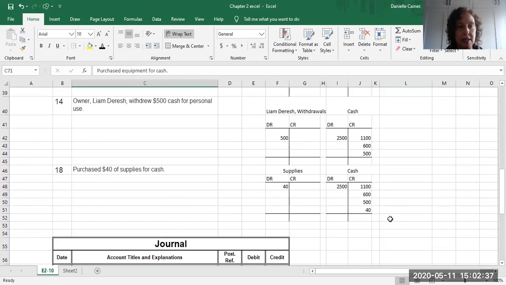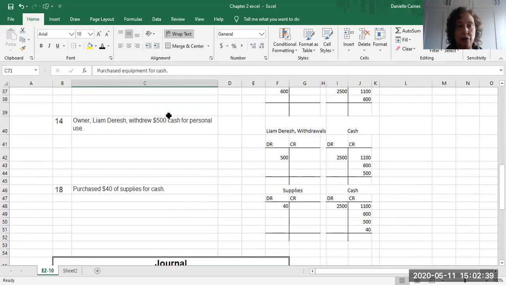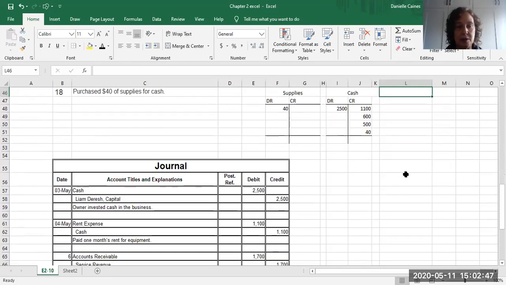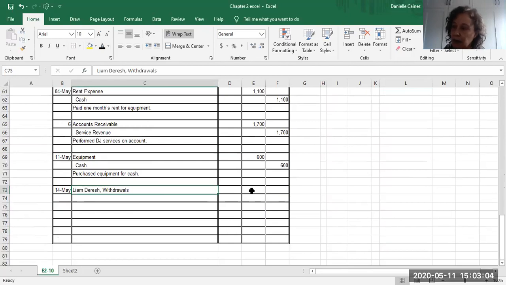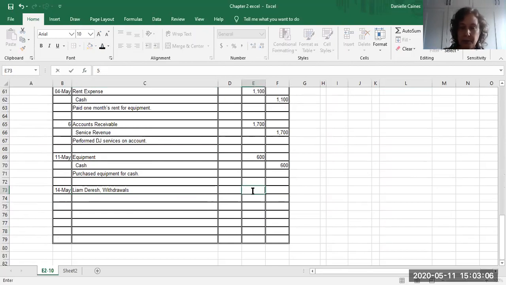Our next entry is Liam Darish. He withdrew $500 for personal use. So our Liam Darish withdrawals account is our debit, and our cash is our credit. Liam Darish withdrawals, and that is for $500.